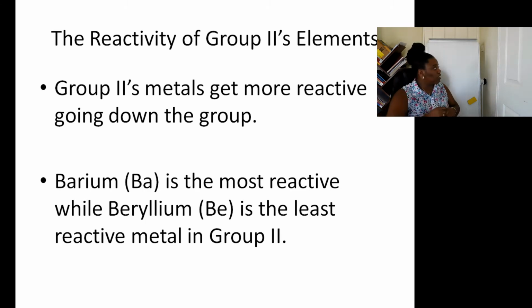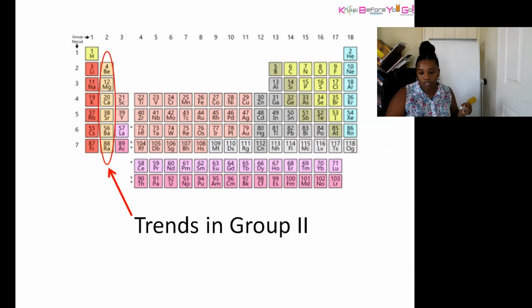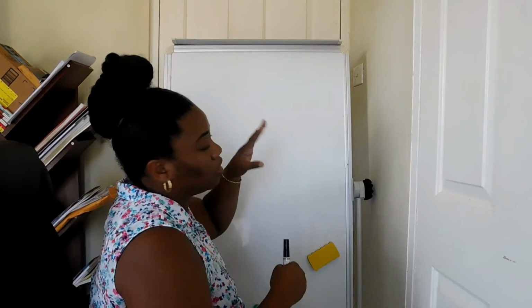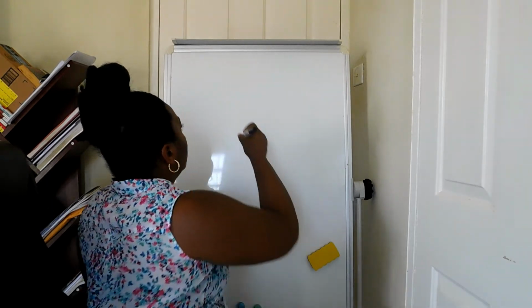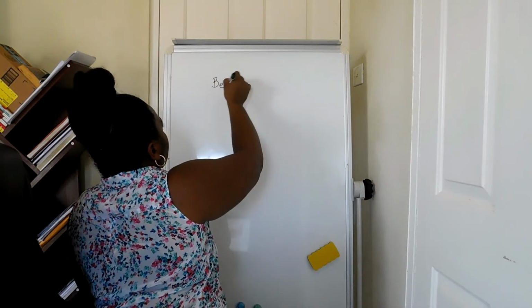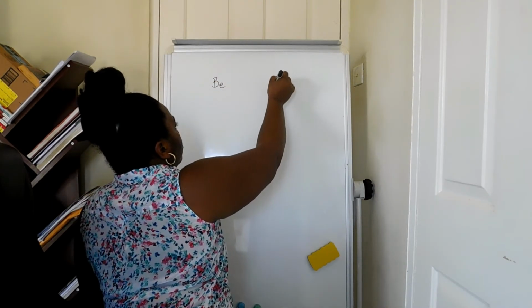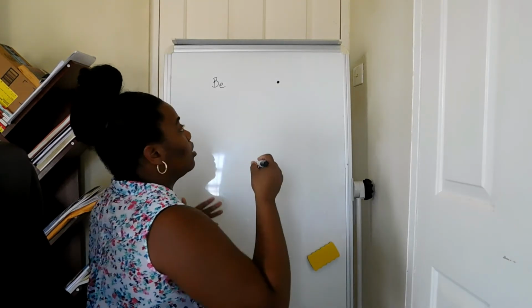So for instance, let's talk about the first one. Let's go back to up here. Beryllium. Beryllium has an atomic number of 4. So that means in its neutral state, it has 4 electrons. So that's the beryllium. And so we have our nucleus here, because I need to save space.